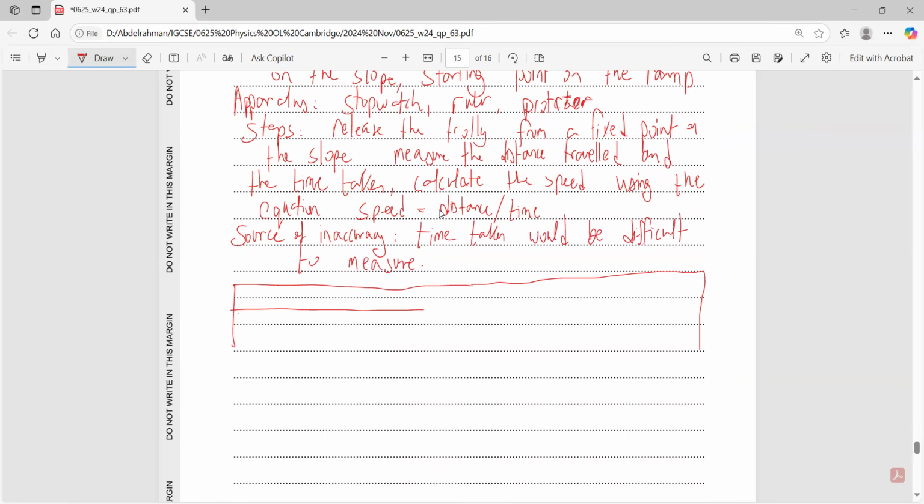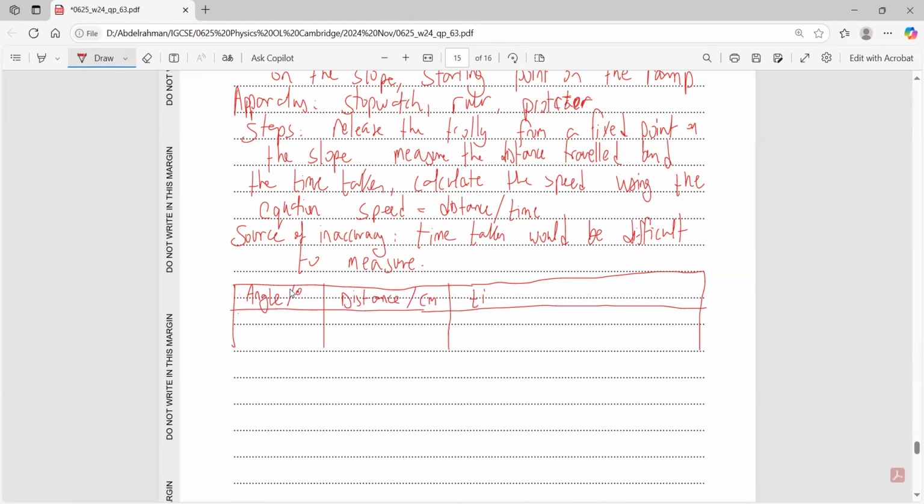What do I need in the table? I need the angle, the distance, the time, and the speed. The angle in degrees. I know that the distance is constant, but it won't be wrong to write it down, in centimeters.